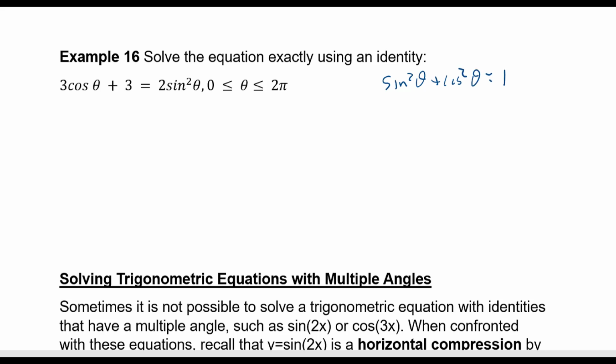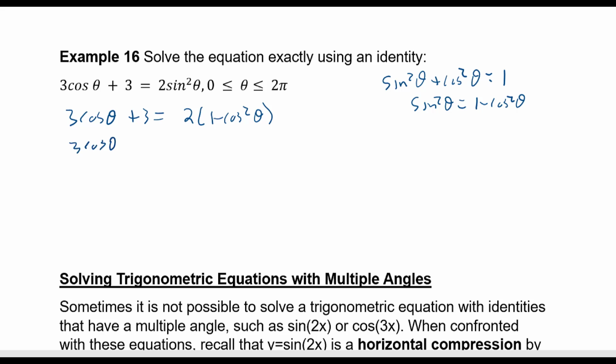So sine squared theta equals 1 minus cosine squared theta. So we have 3 cosine theta plus 3 equals 2 times 1 minus cosine squared theta. So 3 cosine theta plus 3 equals 2 minus 2 cosine squared theta.